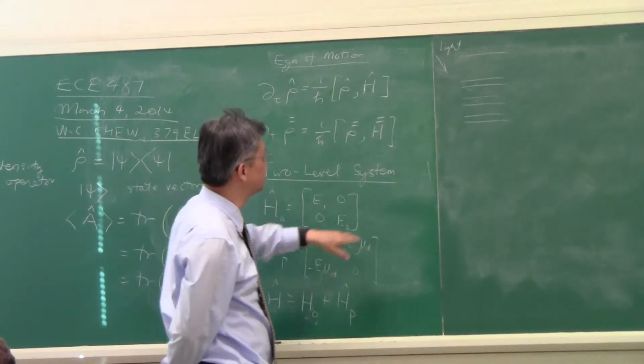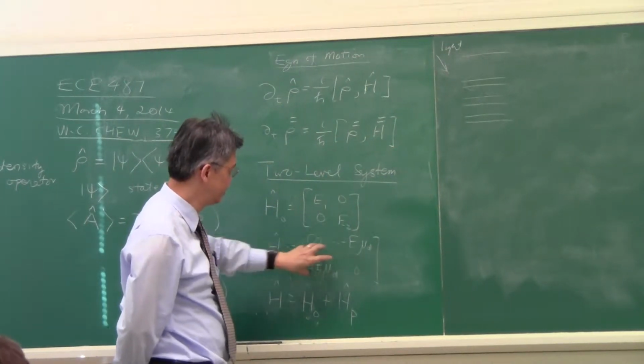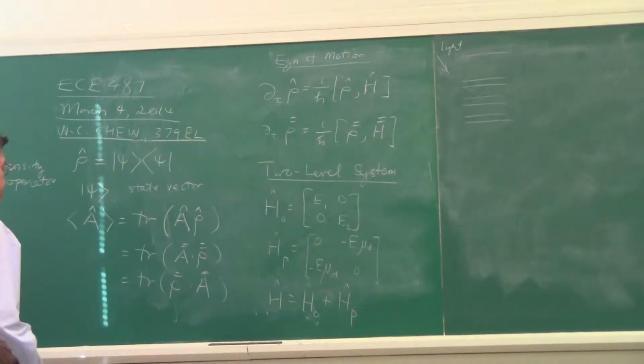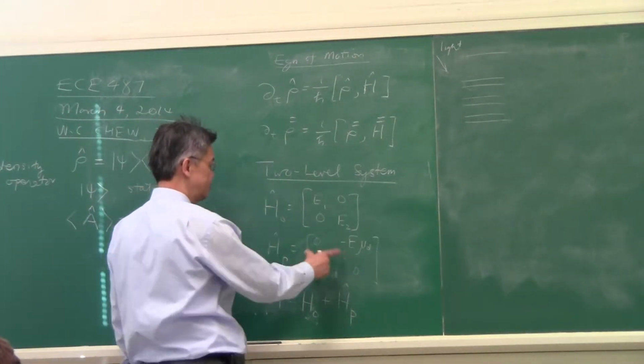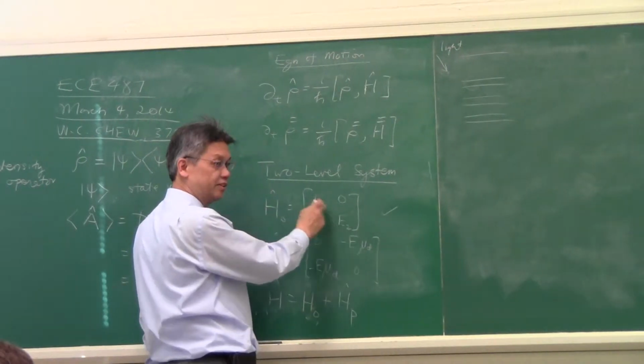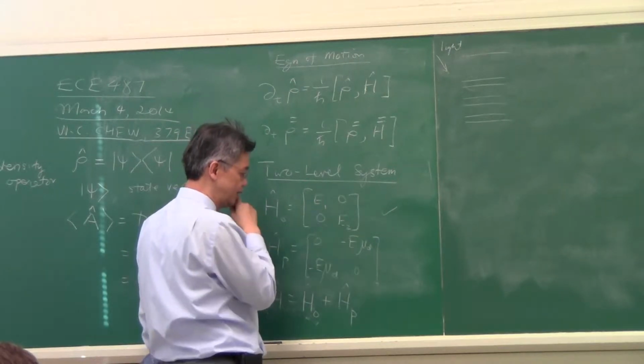Okay, when the light comes in, you can assume that the light perturbs the Hamiltonian, so you add an additional term. This additional term has off-diagonal elements. What it means is that if there are no off-diagonal elements, the original Hamiltonian will only have stationary states. Those energy levels will stay either at E1 and E2 and not change.